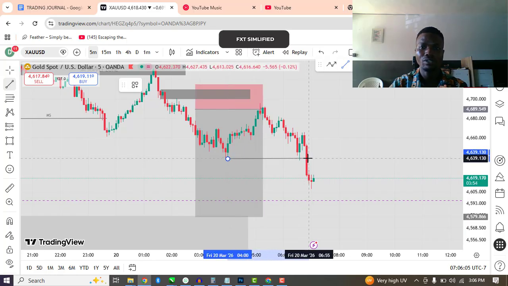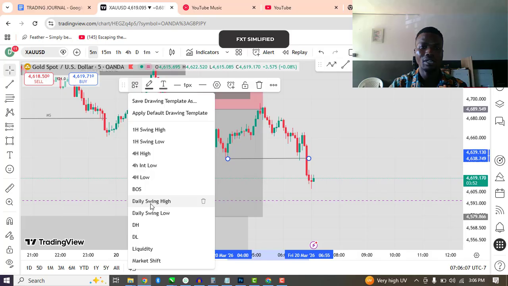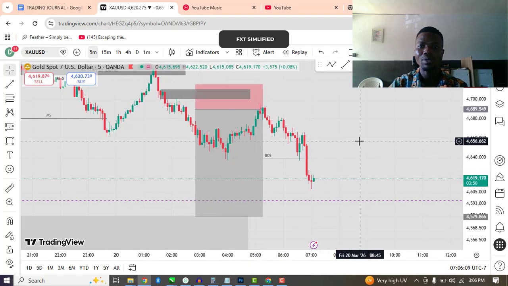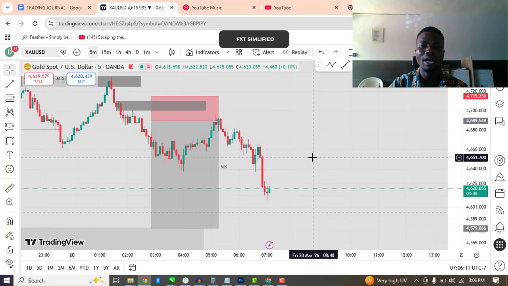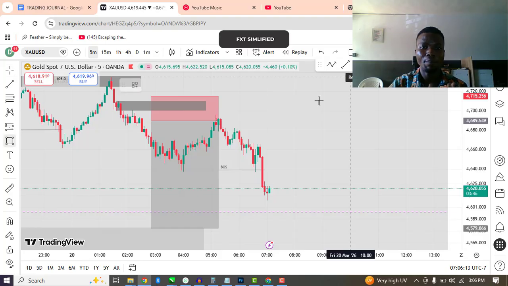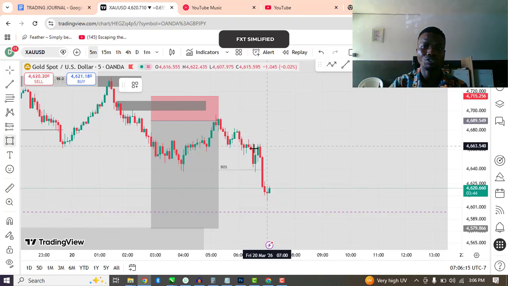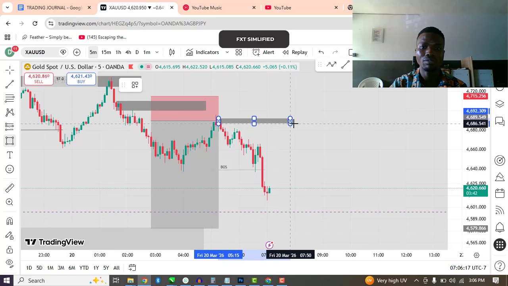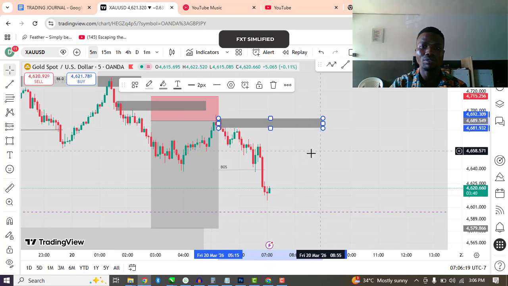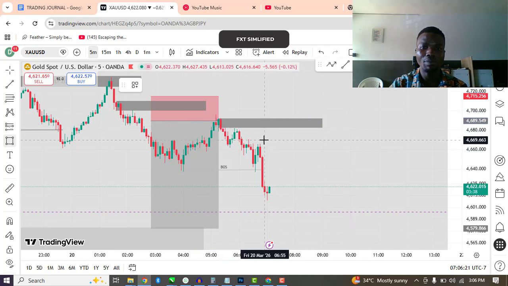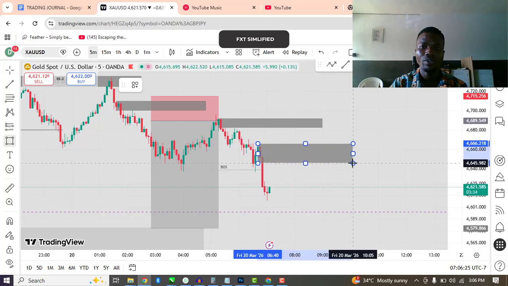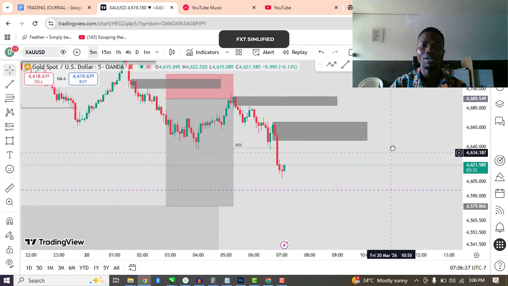After that, where is our supply zone? Above this break of structure, this is one supply zone. And where is the next supply zone? This is another supply zone here.